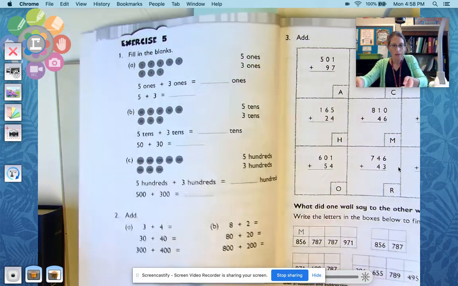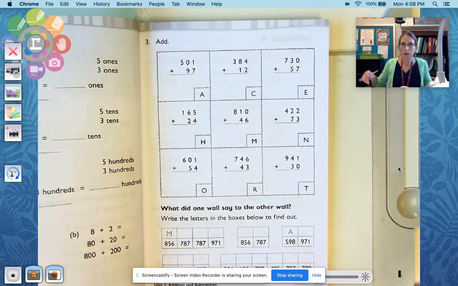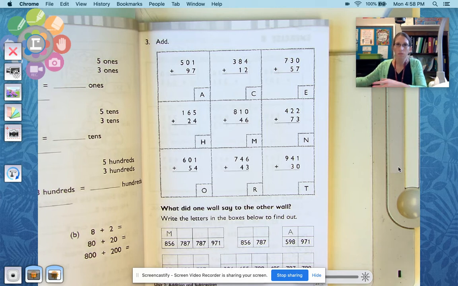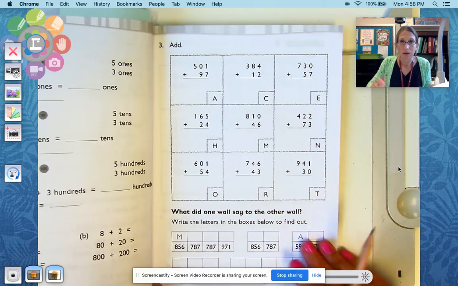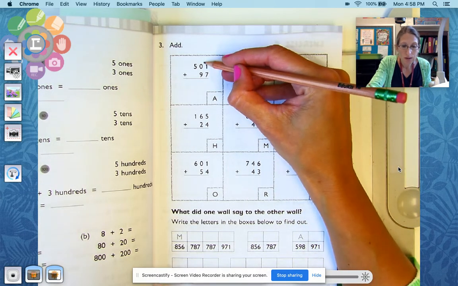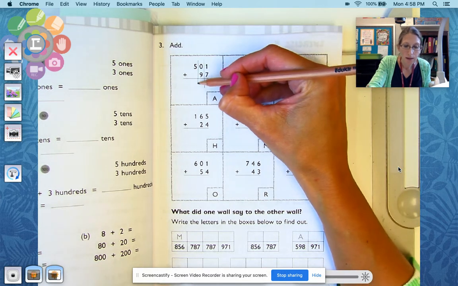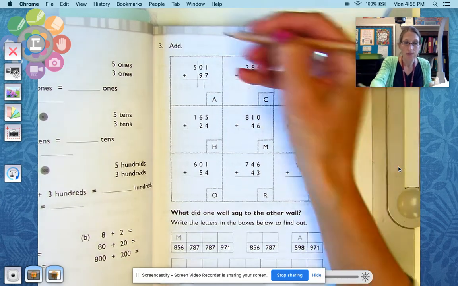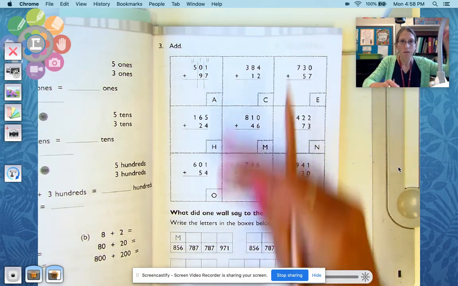Now, when you get to this other page, page 39, on this page, I would really encourage you to draw lines to separate the place value. So, like here, we have 1 plus 7. It's a really good idea to draw a line here and then another line here so that we can see, oh, this is our hundreds, this is our tens, and this is our ones.